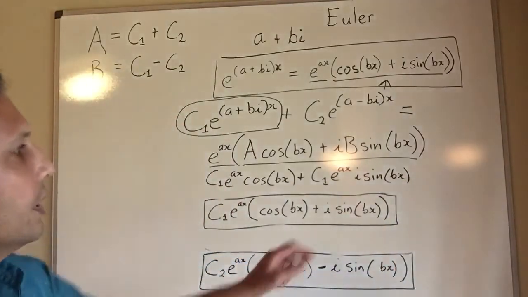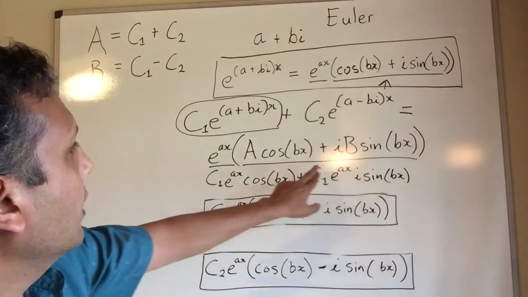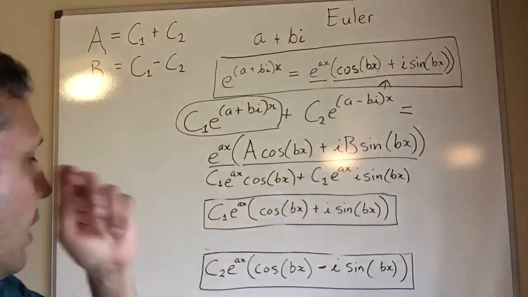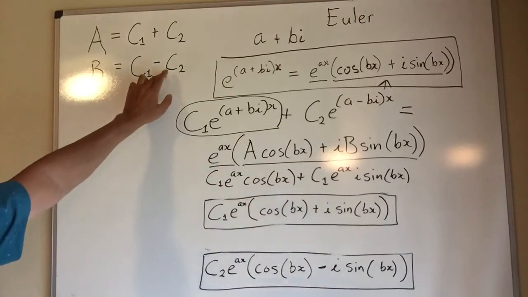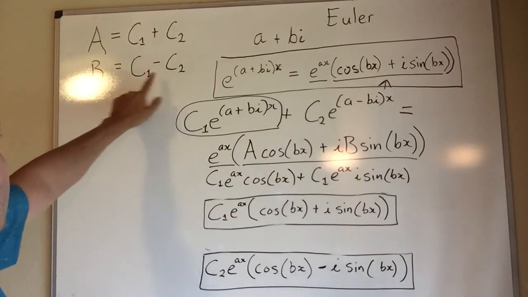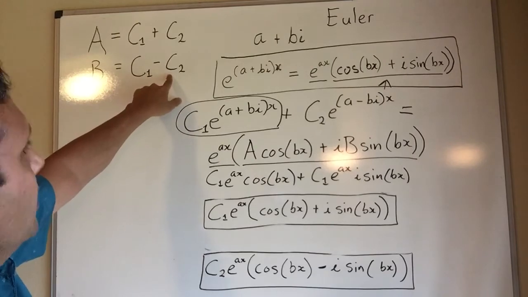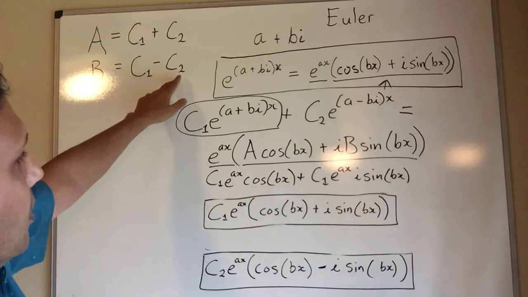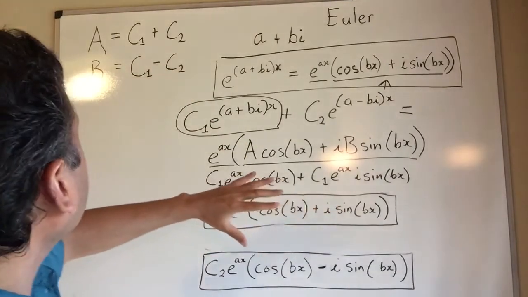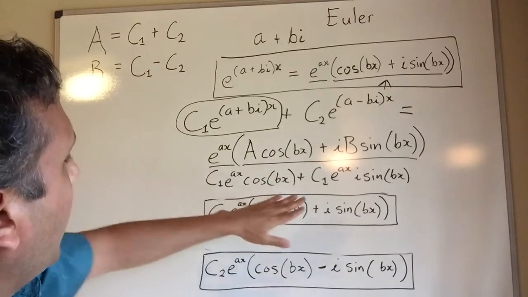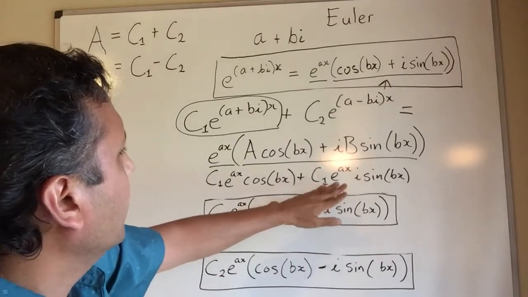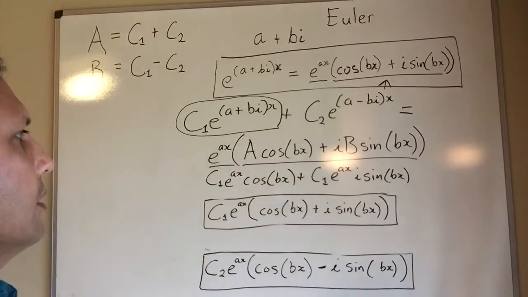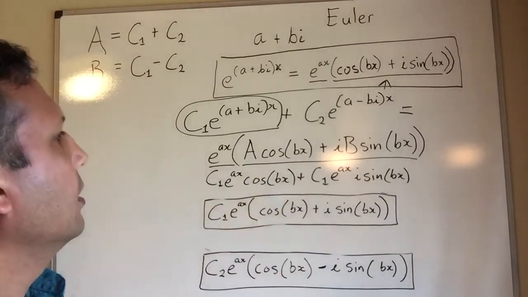I normally would bring the I all the way to the other side on the left side, but because I noticed that they want just C1 and C2, I'm just going to keep it this way for now. It seems like it's going to match up better that way.